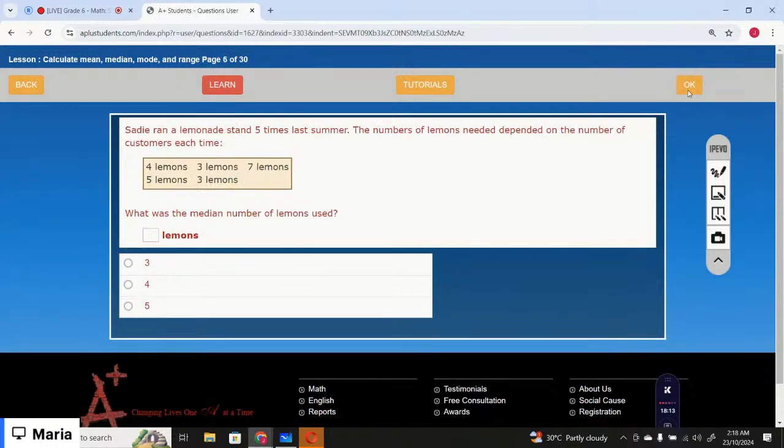Okay, the next one is: Sadie ran a lemonade stand 5 times last summer. The number of lemons needed depended on the number of customers each time. What was the median number of lemons used?